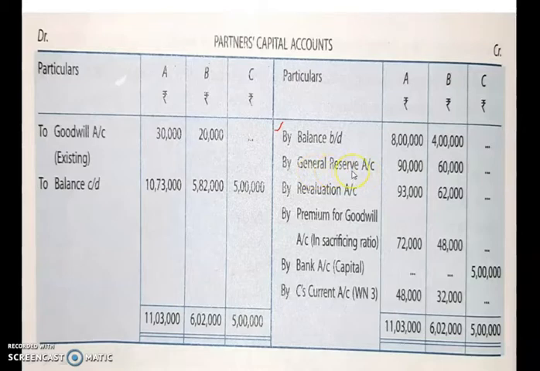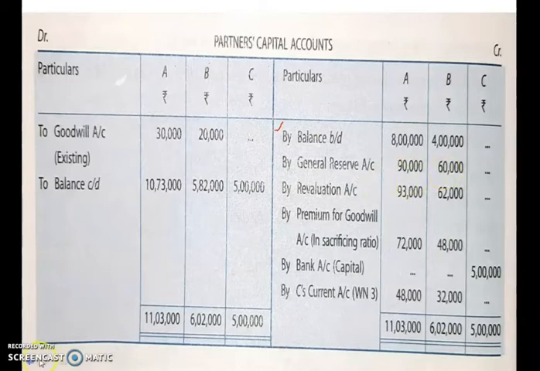General reserve is an item which has to be credited to the partners. So it is shown on the credit side, by general reserve, and it is distributed in the old ratio to the old partners. Remember, the new partner should not get this general reserve. When you distribute it in 3:2, you will get 90,000 and 60,000.